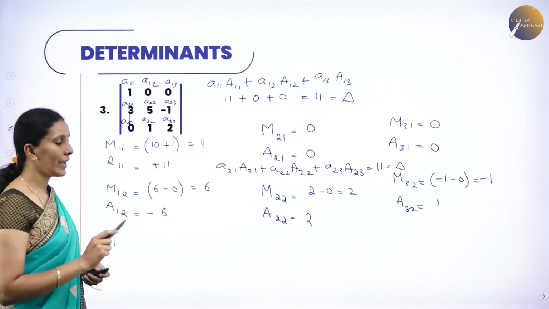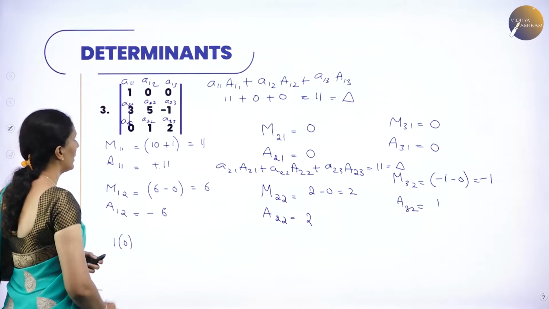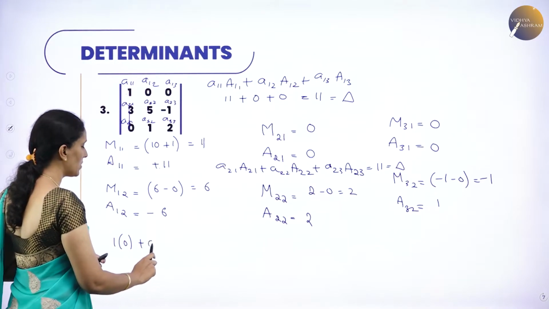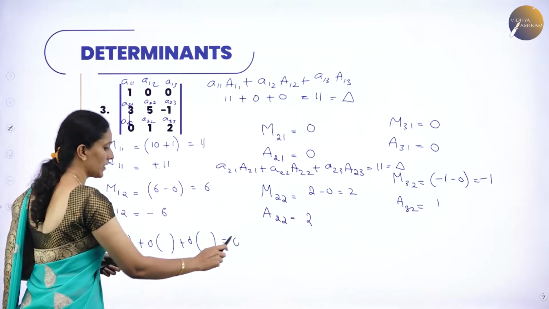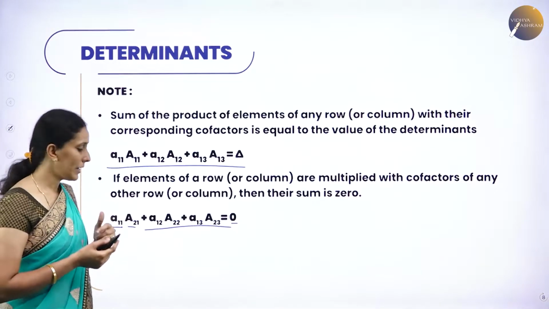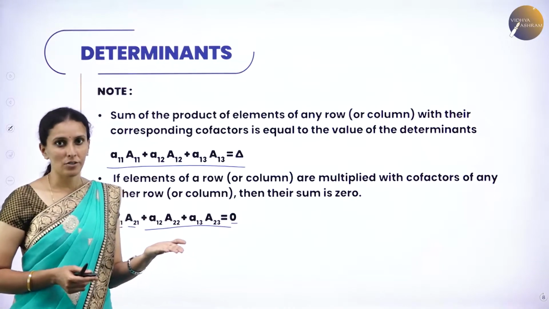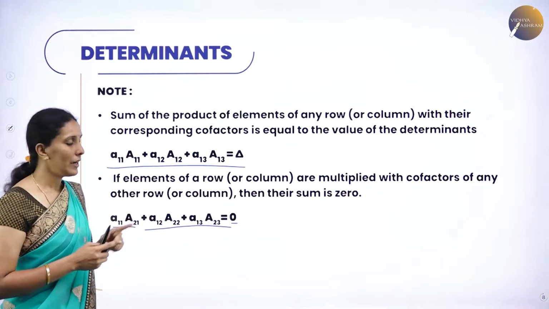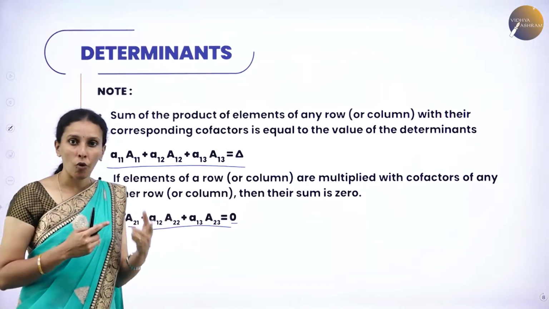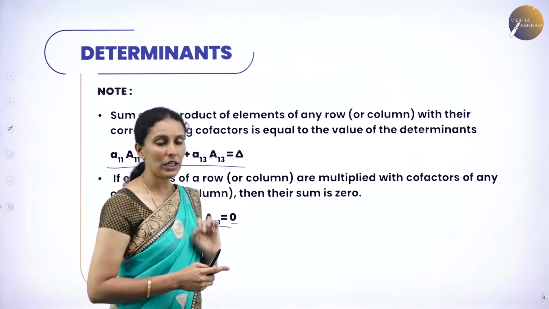We are going to take the capital A21, which is 0. Next we have A12. So 0 into anything is 0 plus 0 into anything is 0. The value is 0. So when you multiply the elements of one row with the cofactors of another row, the value is always equal to 0. But when you multiply elements with their own cofactors and add it, it is always equal to the value of the determinant.